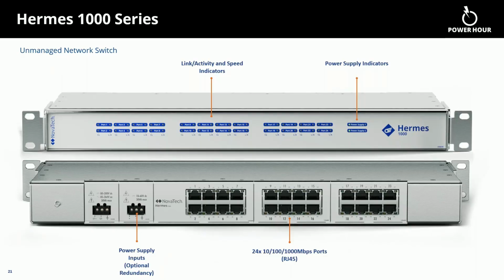So Hermes 1000 question, can it handle PTP? Yes, you can run PTP through it. There is another level of that called PTP transparency, which the 2000 supports. The 2000 has the additional ability to network offset, and we're talking very small fractions of a second. So if you're in a LAN and this was in there, it would not ruin your PTP.